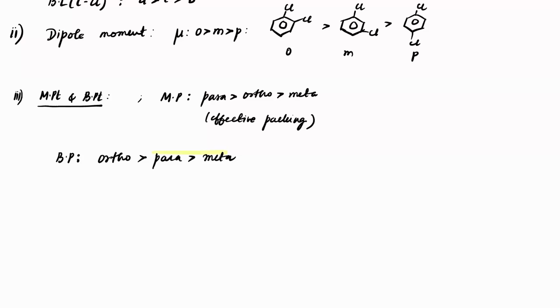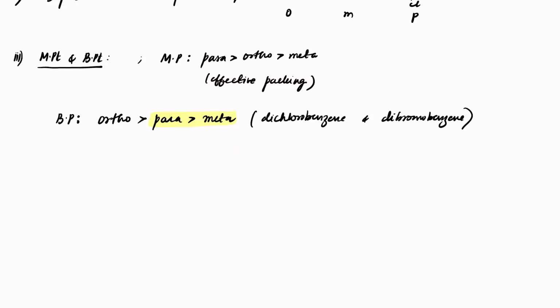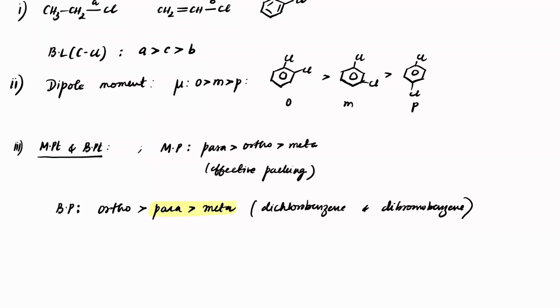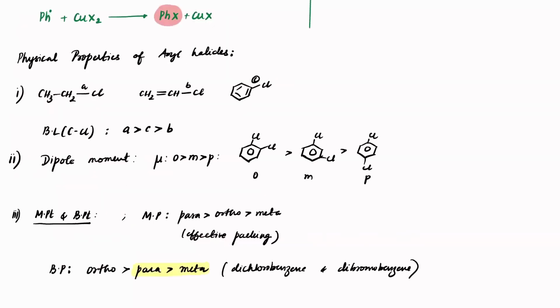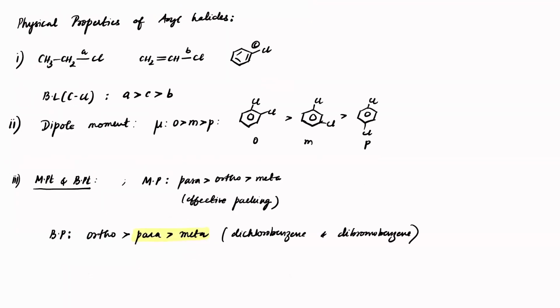The data is available for dichlorobenzene and dibromobenzene. For both these cases, you will always remember ortho greater than para greater than meta. It's not meta that comes before, but ortho. I suppose this is clear. These are all the physical aspects of aryl halides.